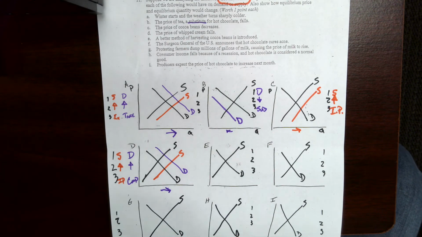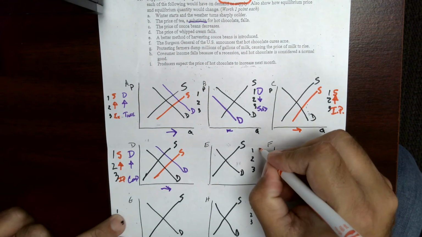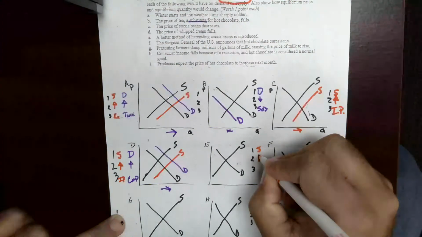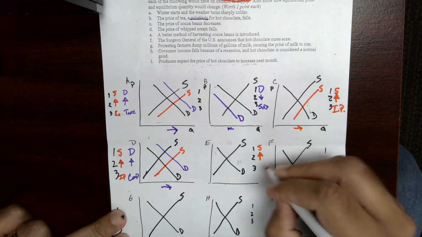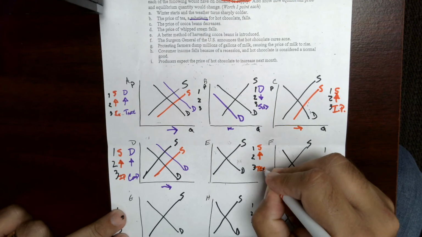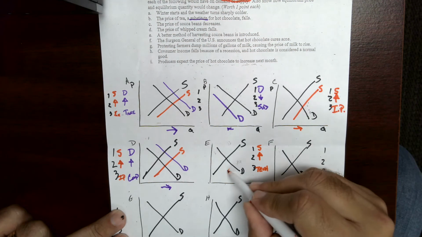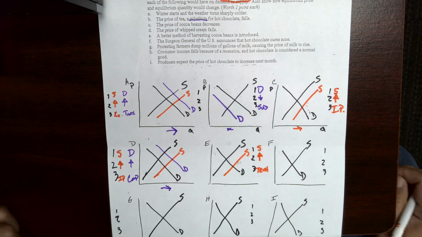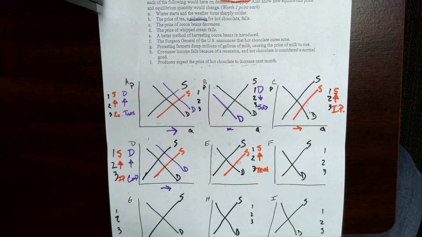So that's one of those double shifter questions that can help you either way. Letter E, better method of harvesting cocoa beans. This is a supply issue. It's going to allow me to increase because of the technology used to harvest, and my supply curve would shift to the right. Letter F. The Surgeon General of the United States announces that hot chocolate cures acne.